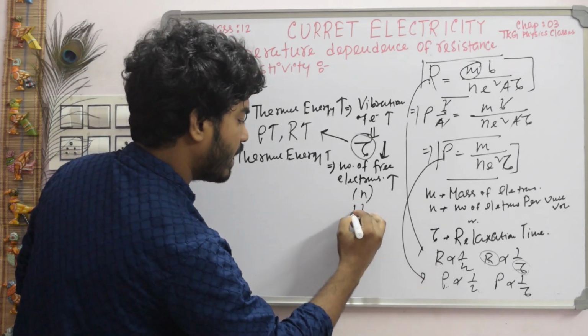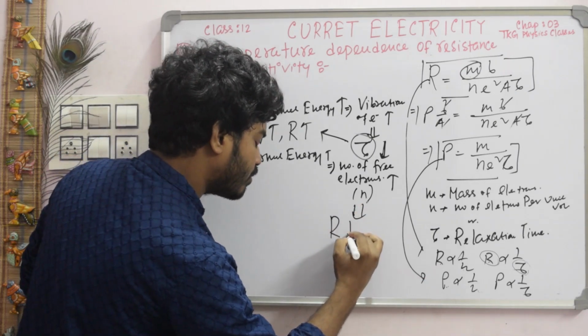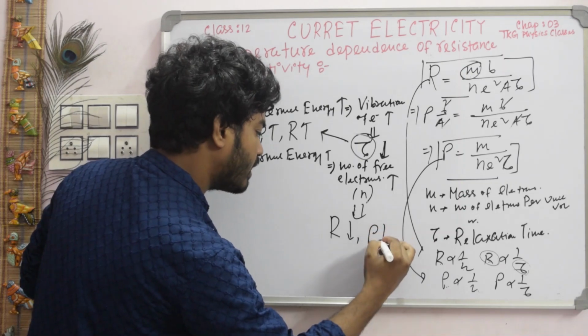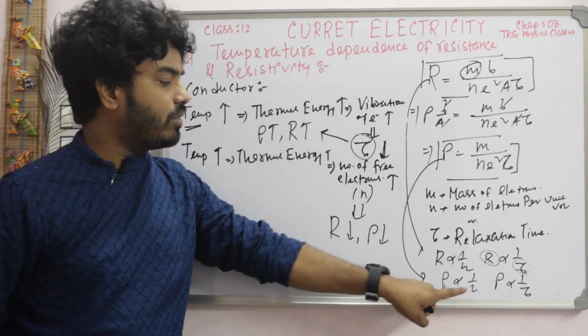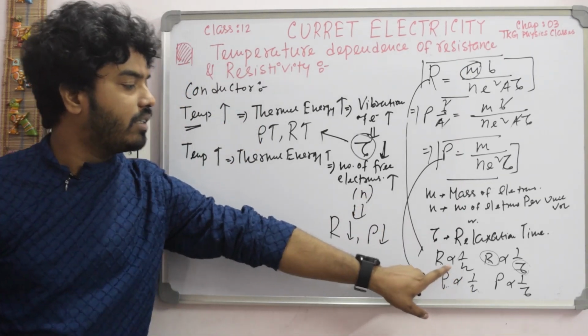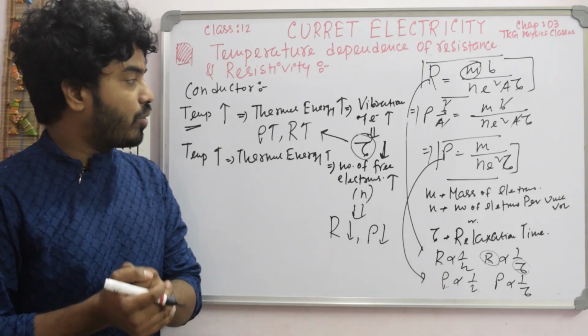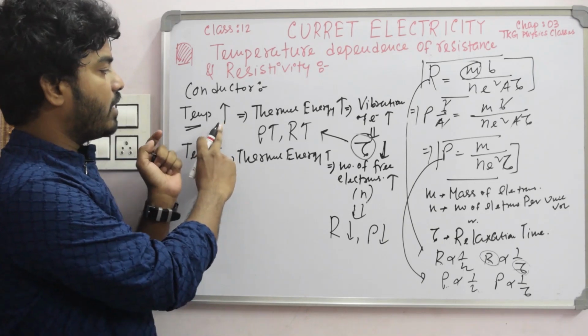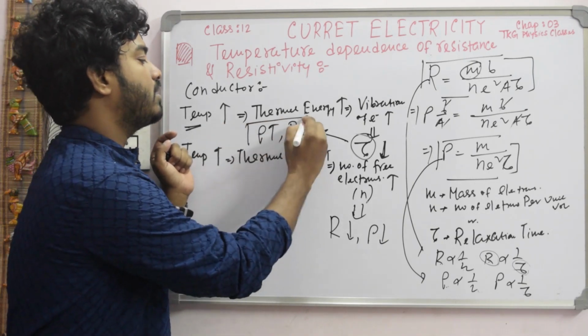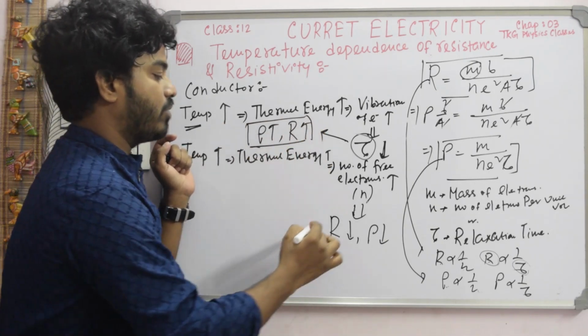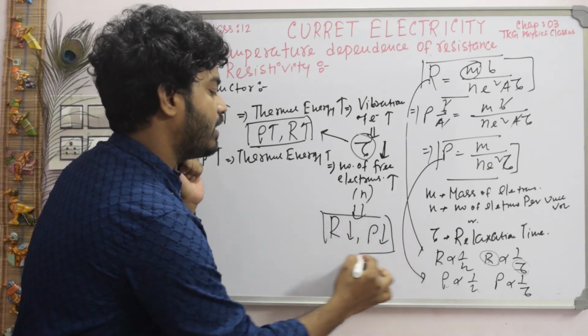So this implies R and rho both are decreasing, because n with respect to R and rho is inversely proportional. So for the first case, rho and R increase, and for the second case, rho and R decrease.